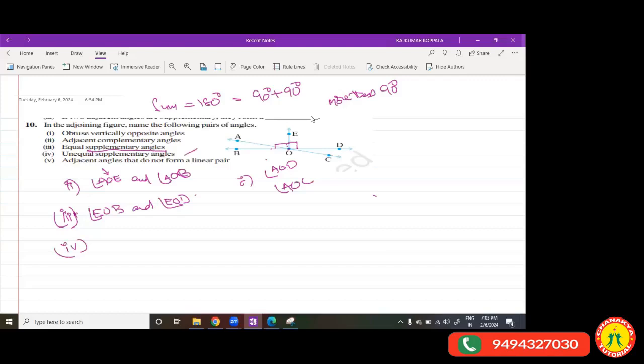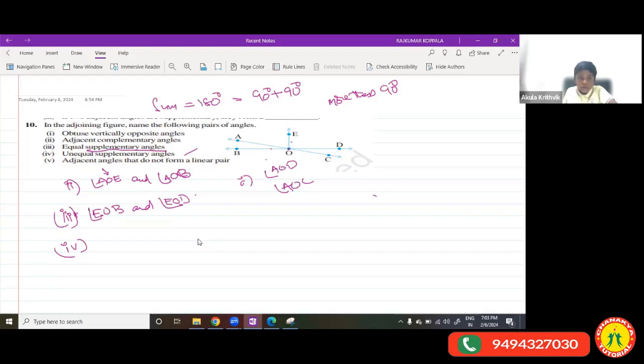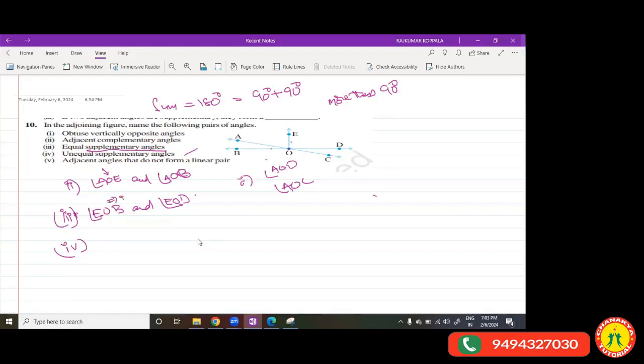Next, fourth one. Unequal supplementary angles. Supplementary angles means sum 180, but they should not be equal. So one is 90, another one is something else, but the sum should be 180. What are the angles? Can you say anyone? Here this is 90 degrees and this is 90 degrees.